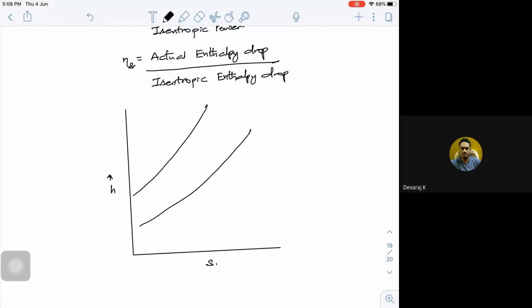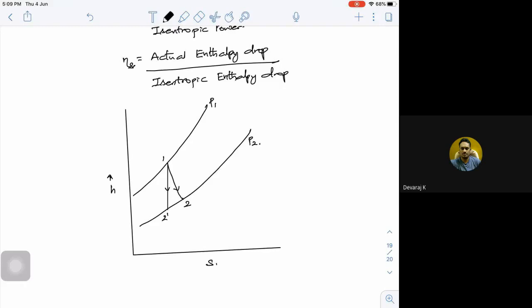Your isentropic enthalpy drop goes from point 1 to 2 dash, this being pressure P1 and this being pressure P2. Actually the enthalpy drop will go like this, so it will be the point 2. This is for one particular stage.